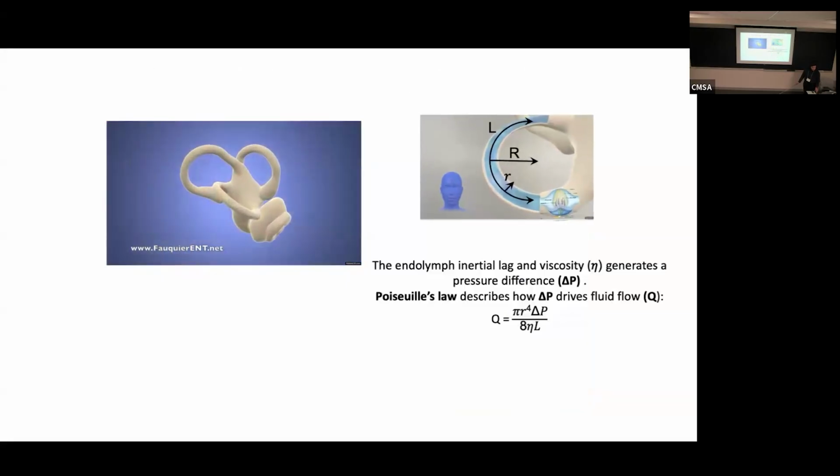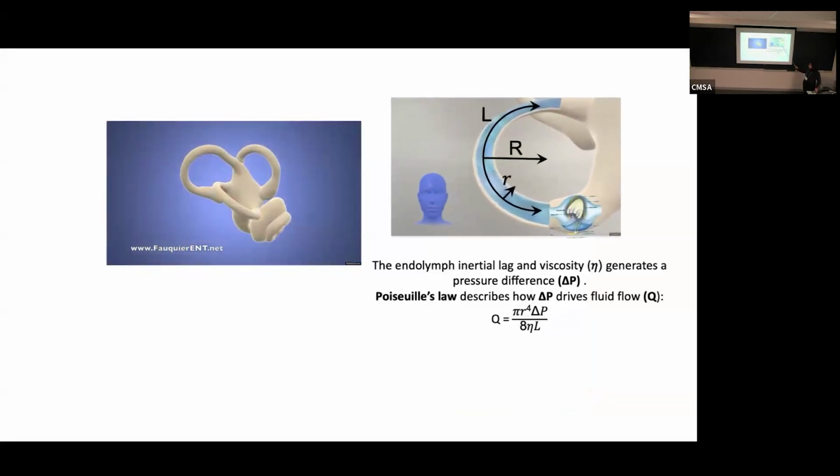And this rotation results in bending of this gelatinous structure called cupula, which in turn results in bending of the hair cells that sit at the base of the cupula, which turn this mechanical motion into neural signals for us to be able to maintain balance.